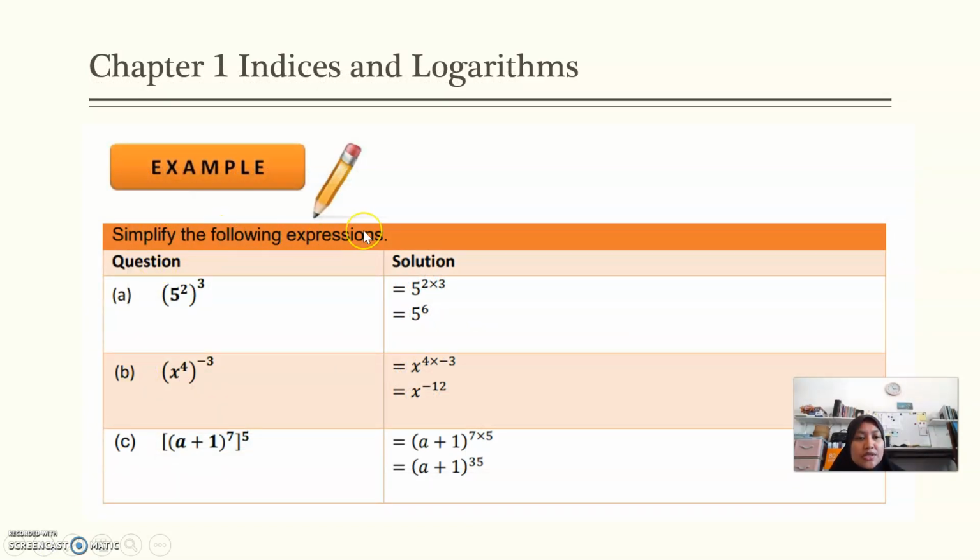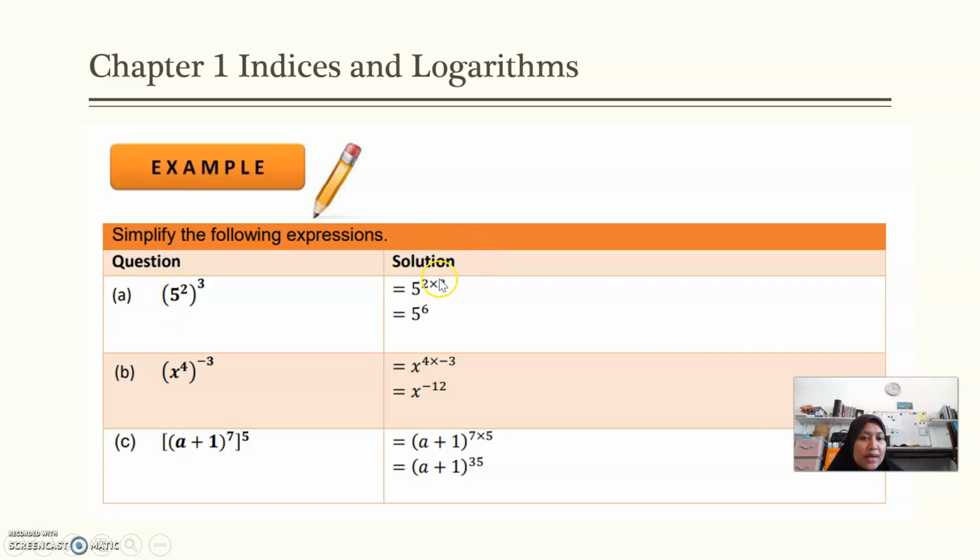Simplify the following expressions. For A, 5 power of 2, all power of 3. The base is 5. When we know the base is the same, we can write it like this: 5 power of 2, and we know the bracket means a multiplication process.